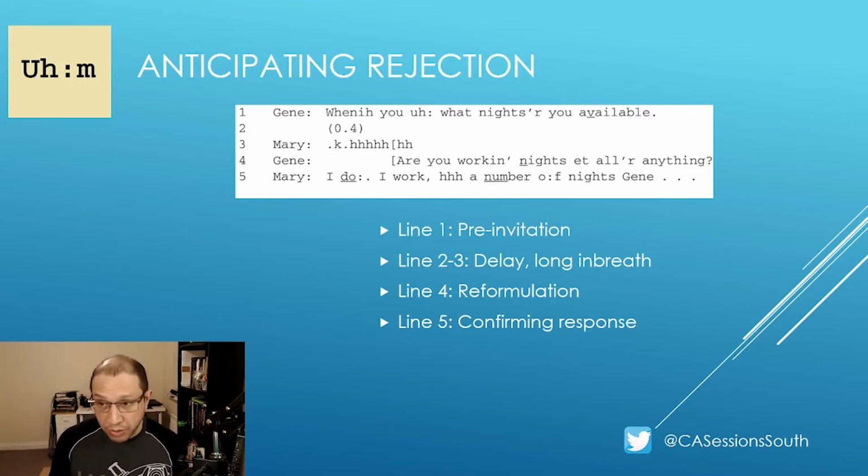Combined with the gap on line 2, that indicates a substantial gap, and it's apparent that Jean identifies this as indicative of an incoming dispreferred response. On line 4, Jean reformulates the query with, "Are you working nights?" And this reformulation enables Mary to produce an affirming response relative to this reformulated query.